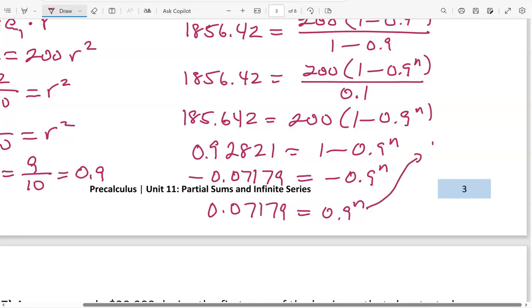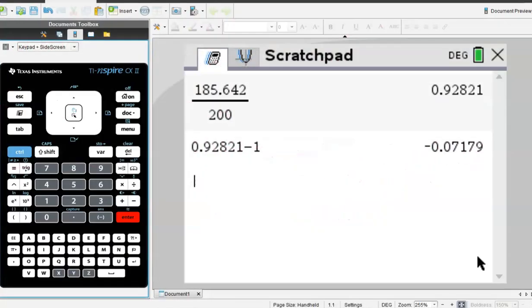So n is equal to the log base 0.9 of 0.7179. Oops, I'm off by a digit there. That's log base 0.9 of 0.07179.